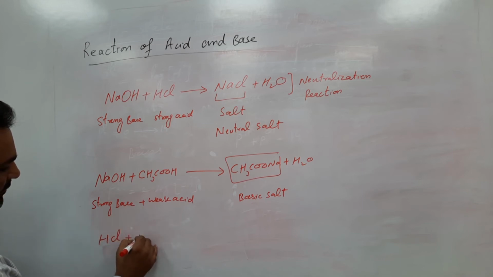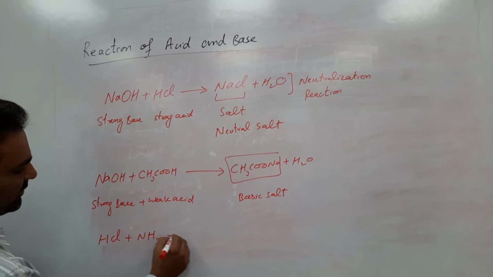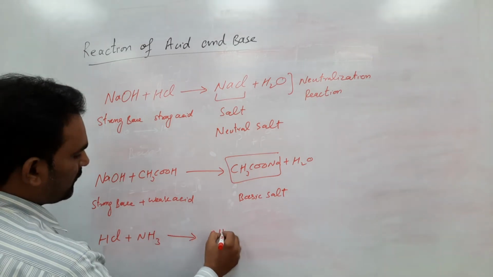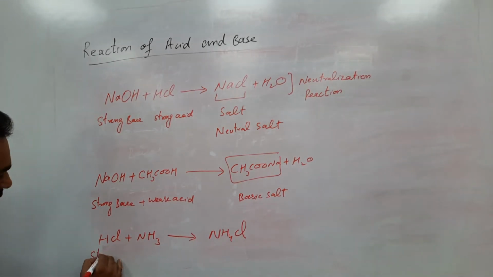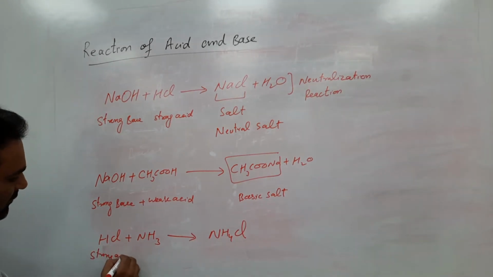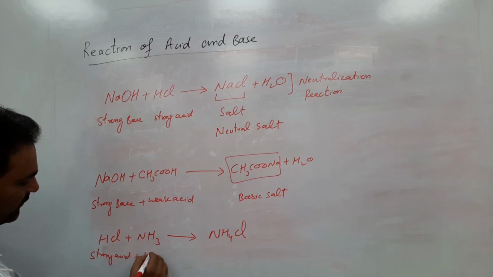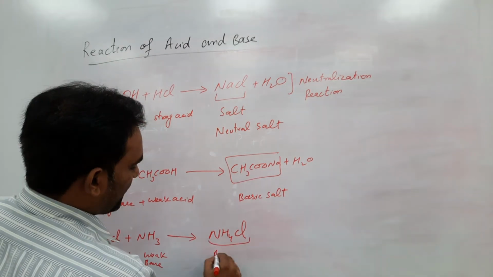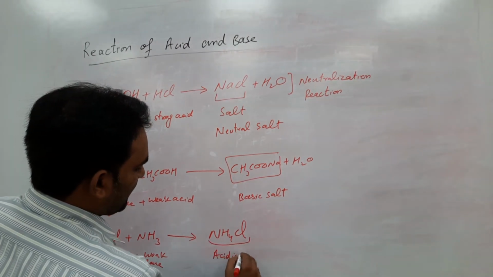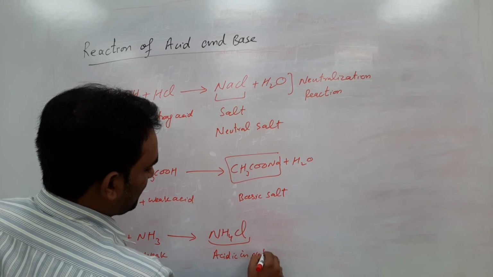Similarly, if you have HCl and NH3, it will give you NH4Cl. Here this is a strong acid, and here you have a weak base. It will give you a salt which will be acidic in nature.